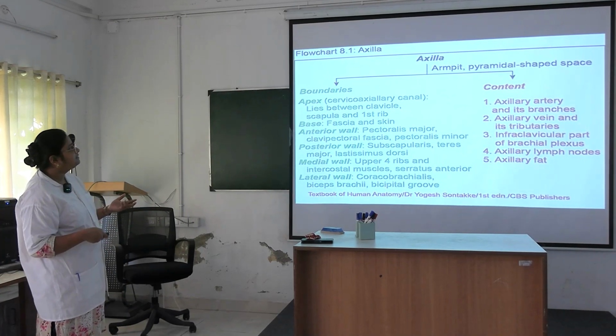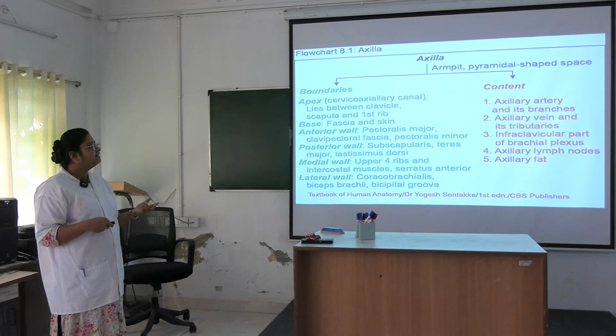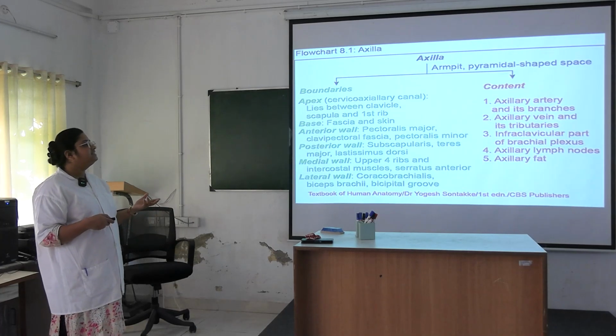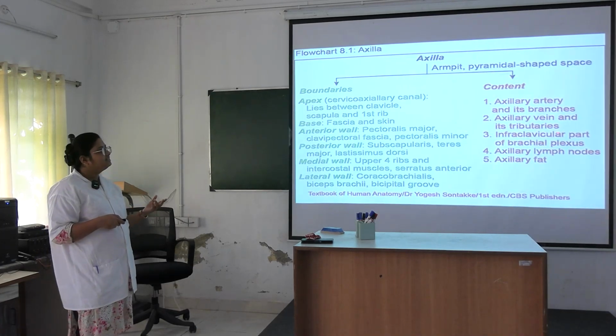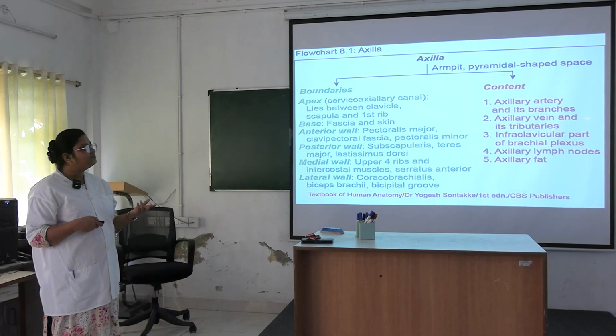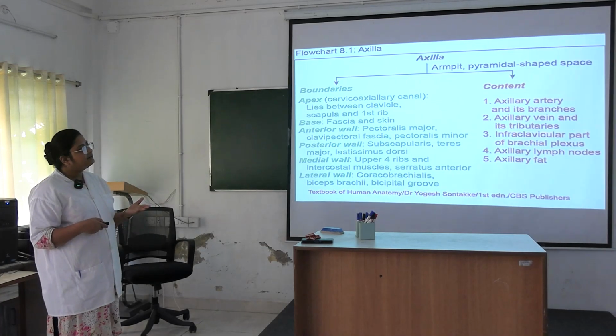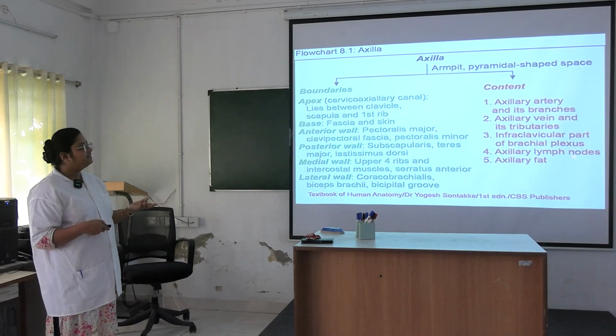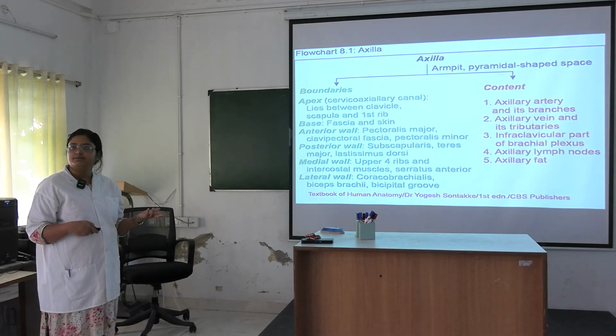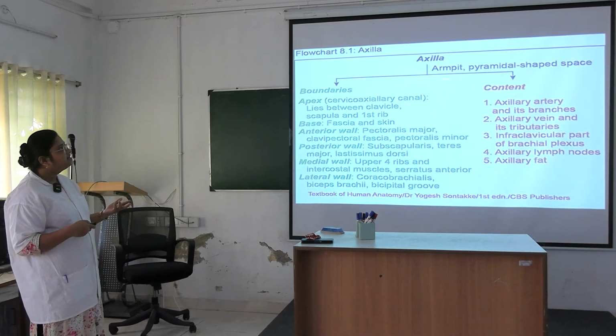So these are the different boundaries of the axilla, and here are the contents: axillary artery and its branches, axillary vein and its tributaries, infraclavicular part of brachial plexus, axillary lymph nodes and axillary fat. Okay, so these are the contents of the axilla.